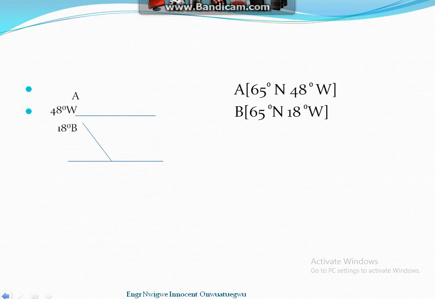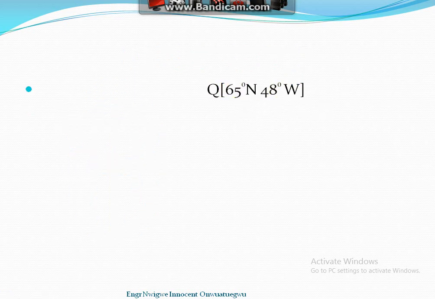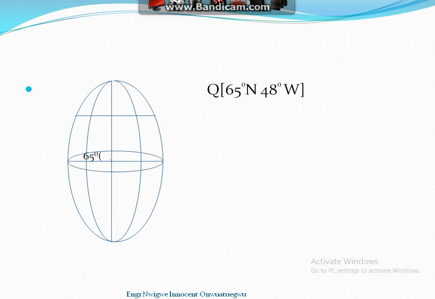Example, if point Q is located at the position of 65 degrees north and 48 degrees west, and T is located at the position of 65 degrees north and 18 degrees west, then on the circle geometry, the two have the same latitude but different longitude.